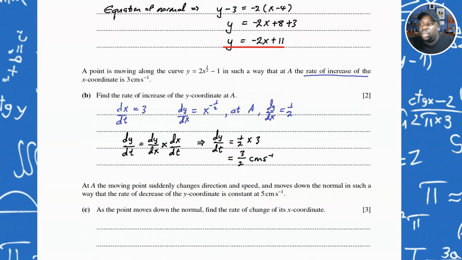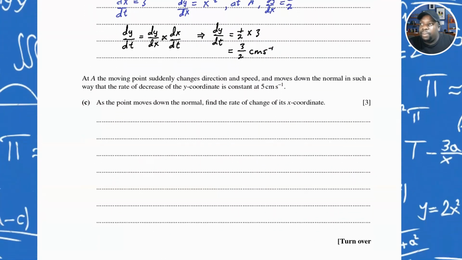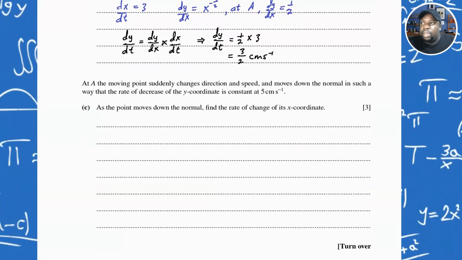Let's go on to the next part, which says at A, the moving point suddenly changes direction and speed and moves down the normal in such a way that the rate of decrease of the y coordinate is constant at 5 centimeters per second.